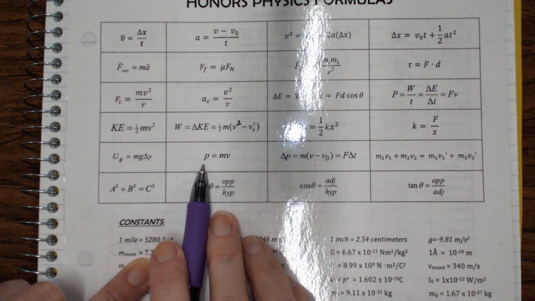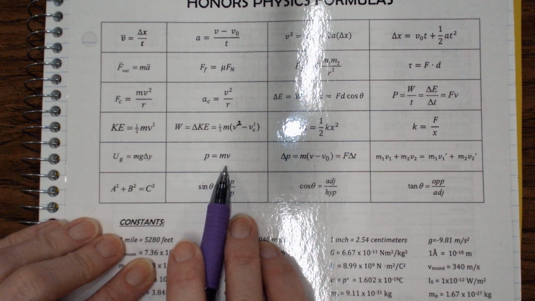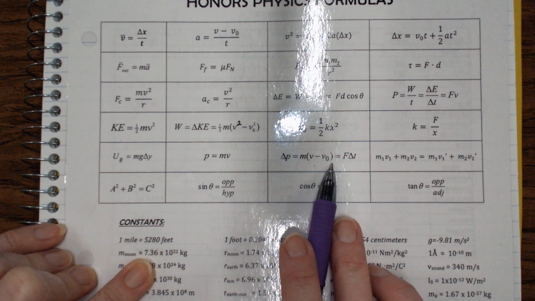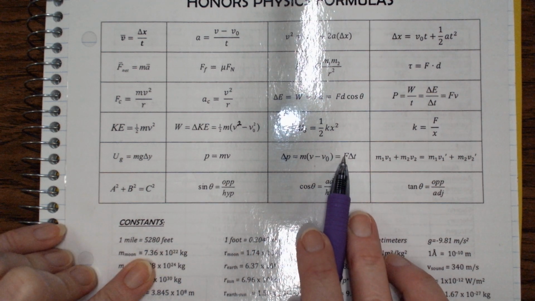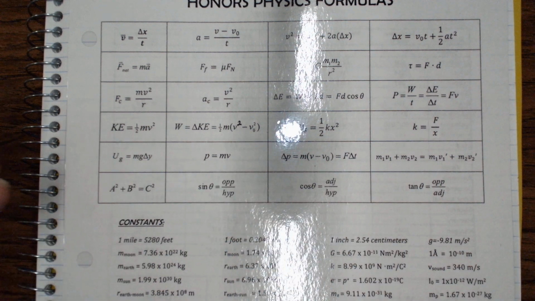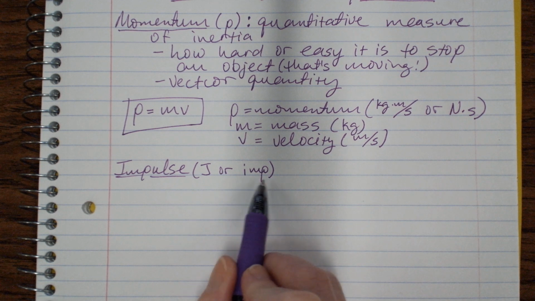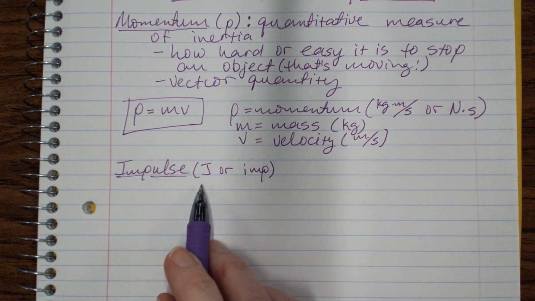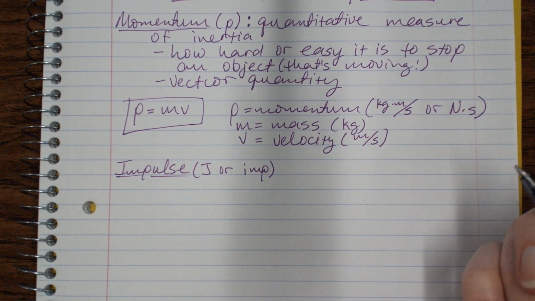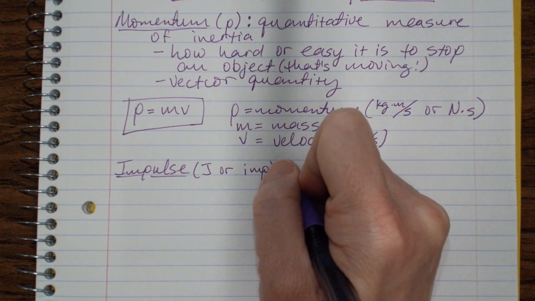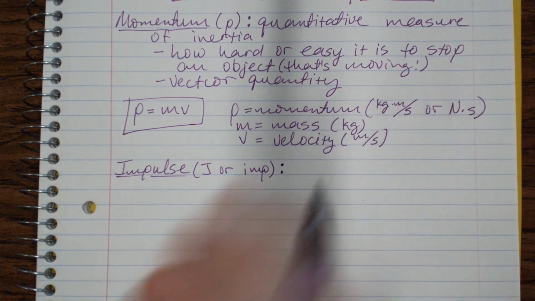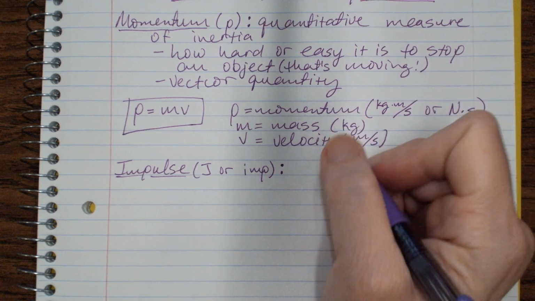So impulse isn't even listed on your formula sheet, so it doesn't really matter what we call it. I usually call it IMP instead of J, because J confuses me with joule of energy. So it's not terribly important what you call it.